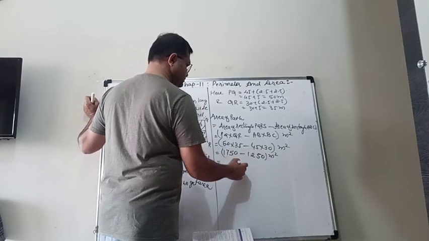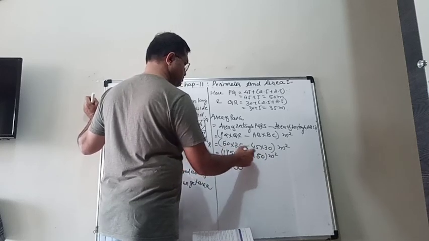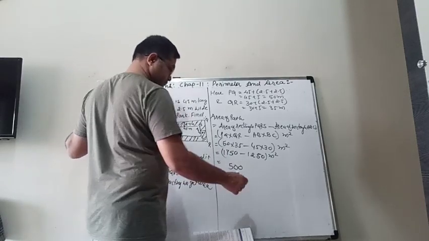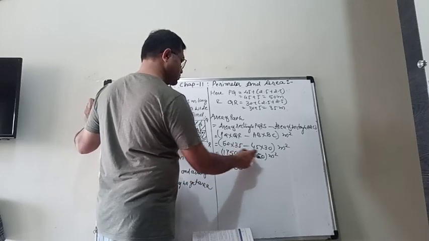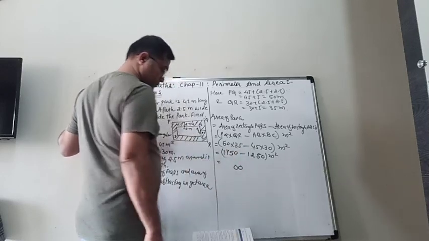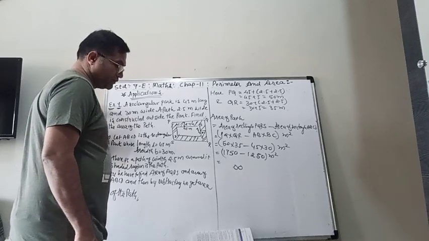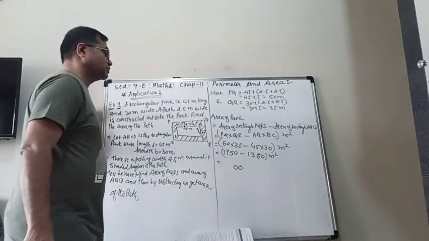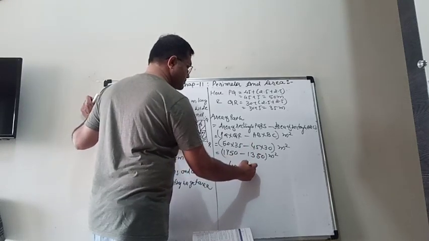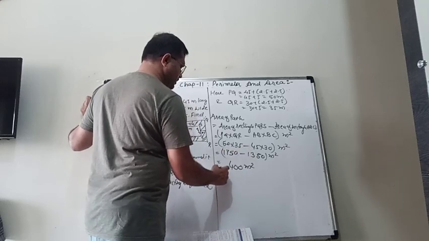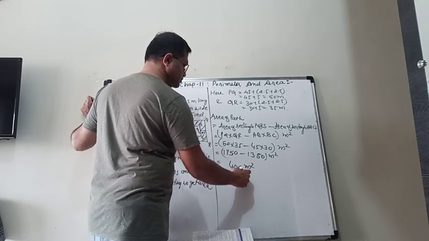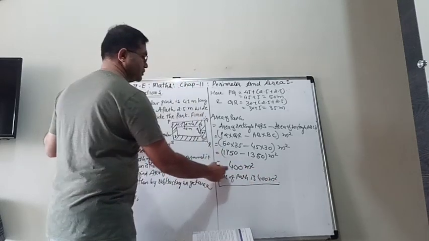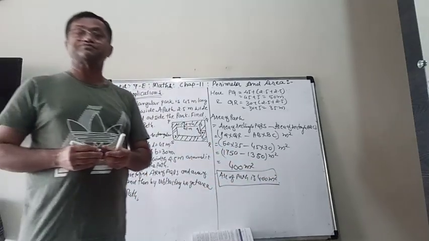So when we subtract, we get 400 meter square. Therefore, the area of the path is 400 meter square.